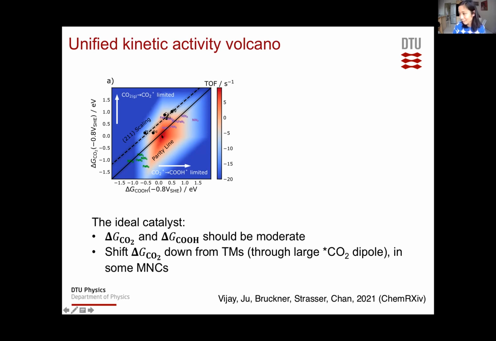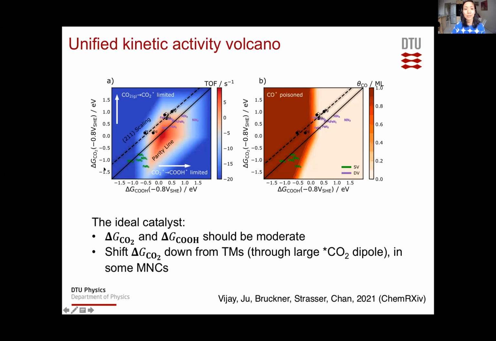So the tip of this volcano lies where we bind both CO2 and COOH moderately. When we bind very weakly, then the formation of these intermediates becomes limiting. And if we bind very strongly in this region, then we become poisoned with CO, as illustrated in these coverage points.